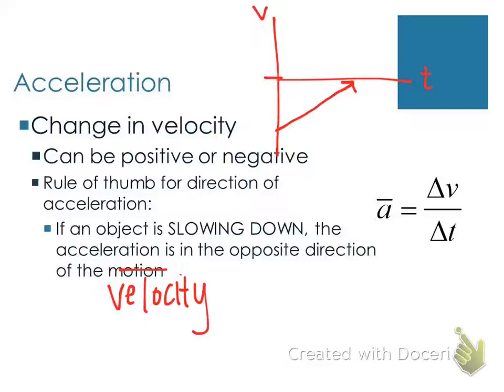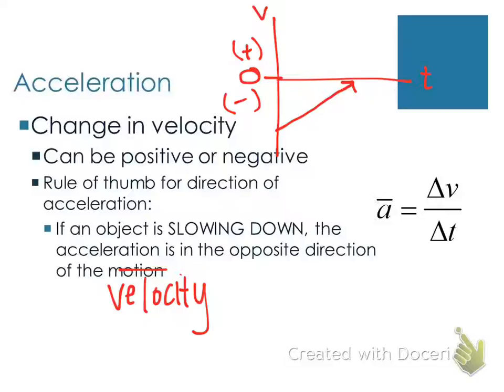Negative direction. We're below the x-axis, so our velocity here is negative. It's going in the backward direction, but is it slowing down or speeding up? Slow down a little bit on your answers. Here's 0 velocity, so it's slowing down in the negative direction.